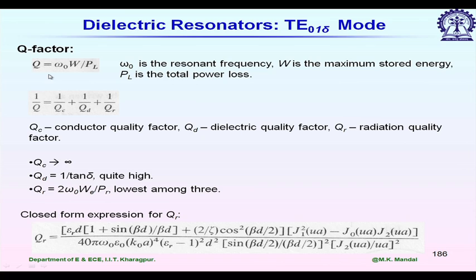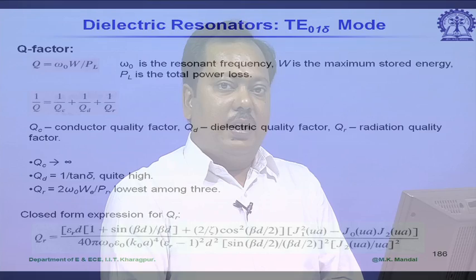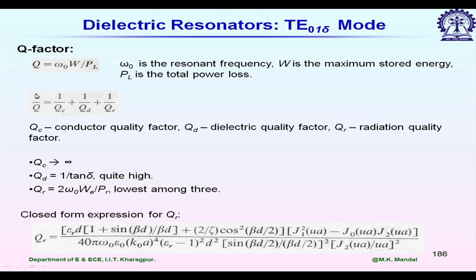Now, what are the sources of losses? For any passive component, the losses can be due to conductor loss, dielectric loss, or radiation. So, we can define three quality factors which represent these three different losses, and the overall quality factor Q is related to them by the expression 1 by Q equal to 1 by QC plus 1 by QD plus 1 by QR.